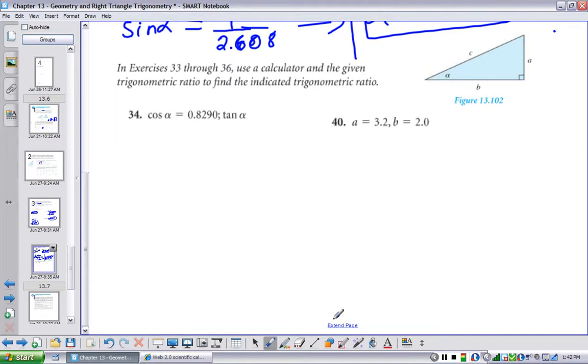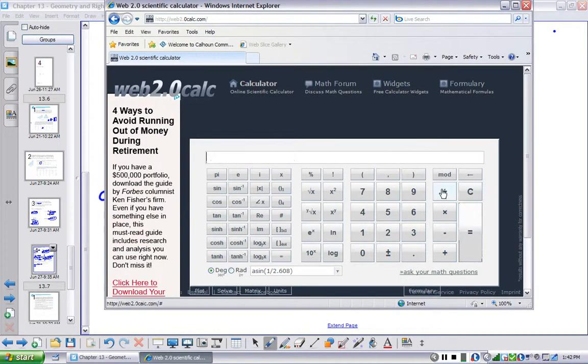Well, the first thing we need to do is to find alpha. Alpha is going to be the inverse cosine of 0.8290. So we do inverse cosine of our 0.8290. So alpha is going to be 34 degrees.